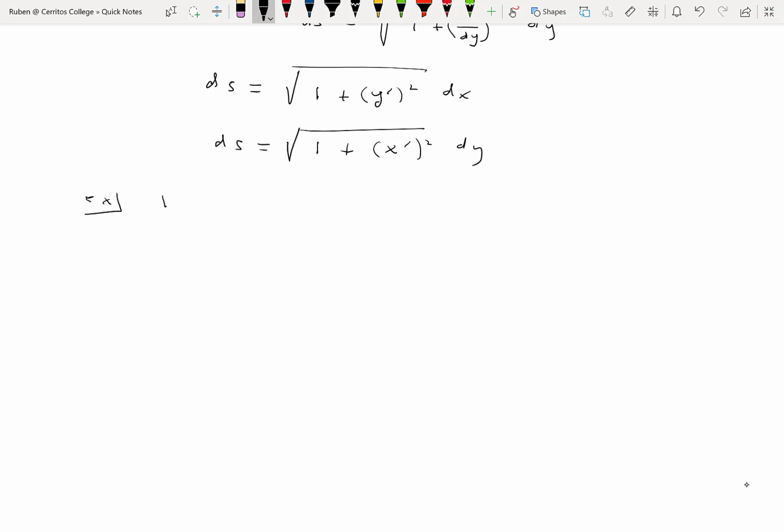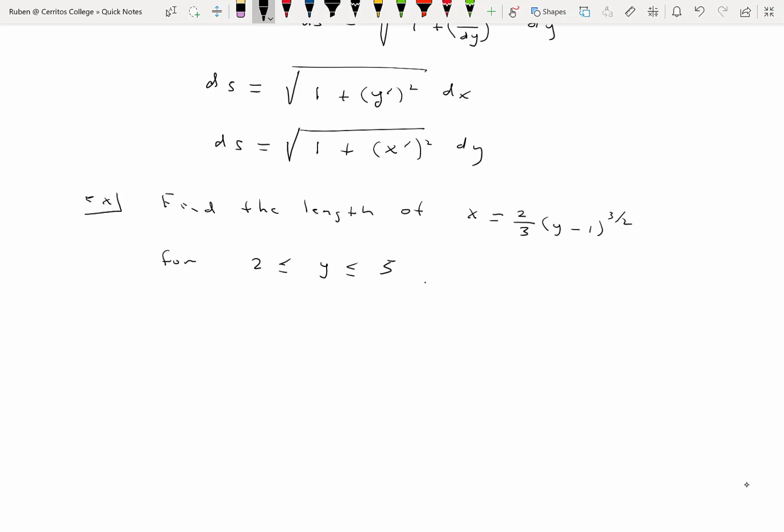So I want to find the length of the curve x equals 2/3 times (y minus 1) to the 3/2 for y between 2 and 5.